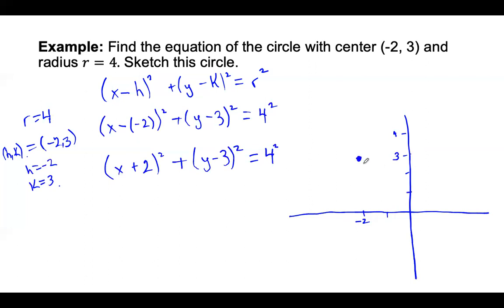And then it has a radius of 4. So it'll be 4 units down. So 1, 2, 3 down here. And over it'll be 1, 2 here, etc.